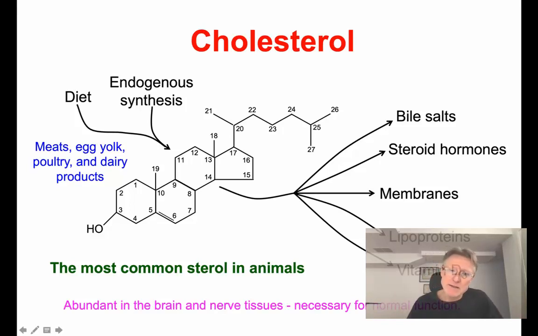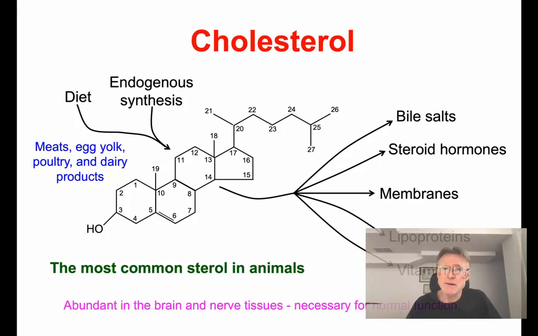And lastly, but not least, vitamin D3. Vitamin D, which is an essential lipid-soluble vitamin, comes from cholesterol. Remember, if you don't get vitamin D from your diet, you can actually make vitamin D. And how do your cells make vitamin D? By using cholesterol, transforming cholesterol into vitamin D3. Again, we are going to learn about this in detail when we get to lipid-soluble vitamins.